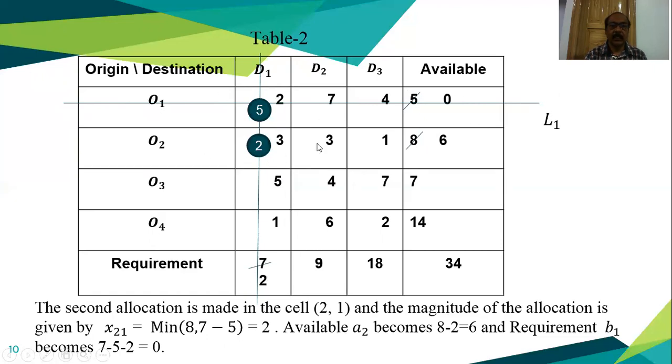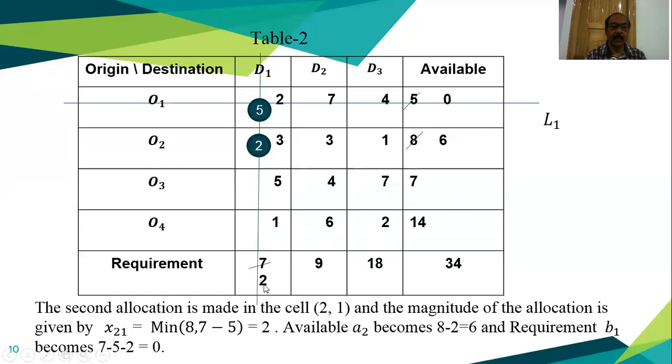Now here, 8 is our available unit in the origin O2 and the demand is 2 at the destination D1. The minimum of that is 2. So we can allocate 2 here at the cell 2 1. After allocating this, the demand will be 0, so this 2 will be crossed out and we leave 0 here. And after crossing out, 8 minus 2, since we are allocating 2 units here, is equal to 6.